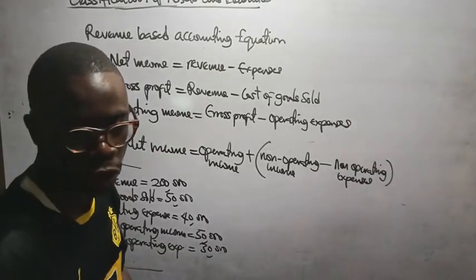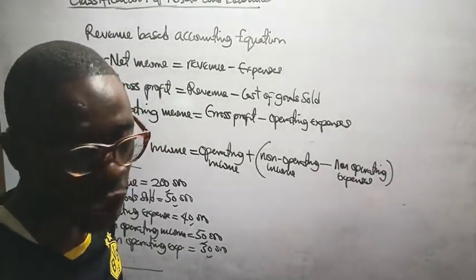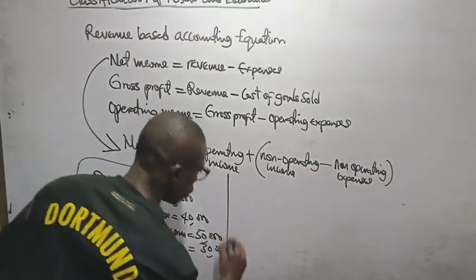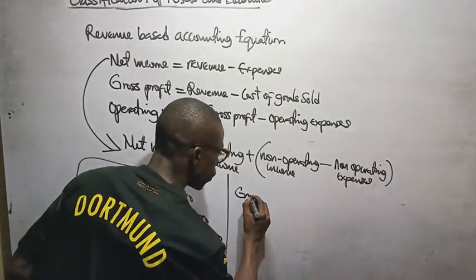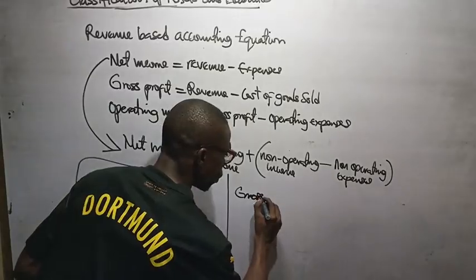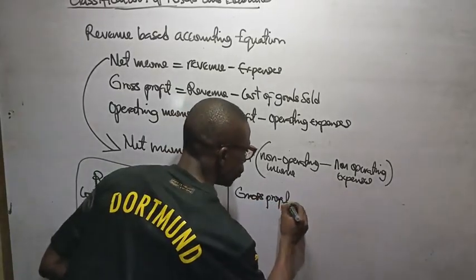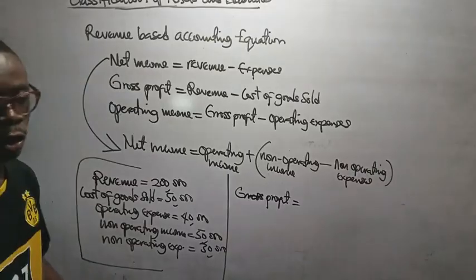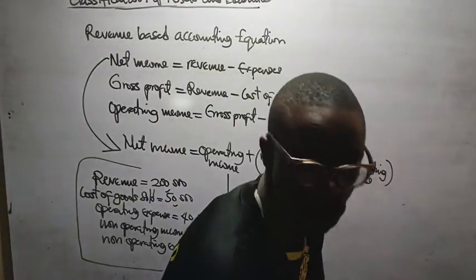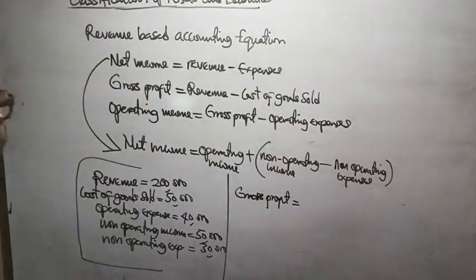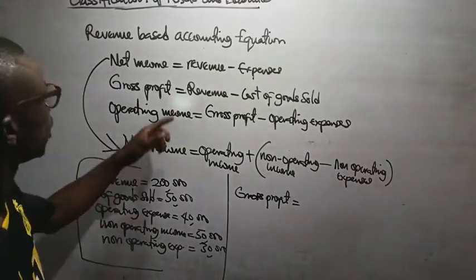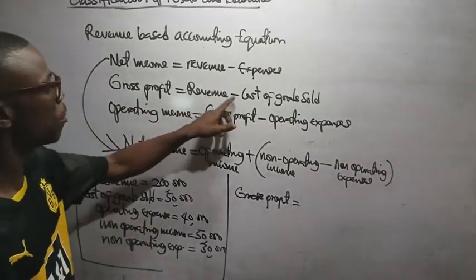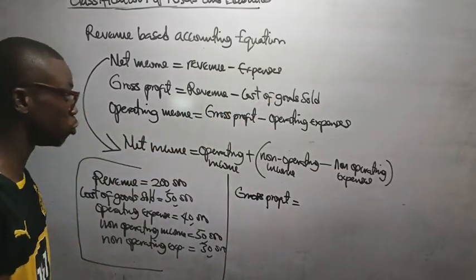Now you are being asked to calculate your gross income. How will you calculate your gross income? Don't forget the formula you have been given concerning your gross income. They say gross income is what? Revenue minus cost of goods sold.